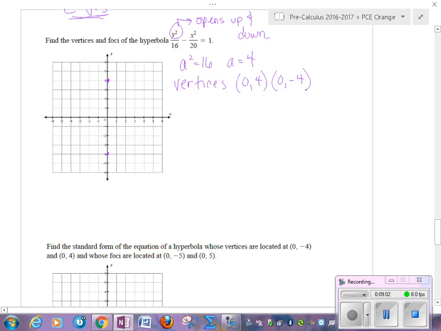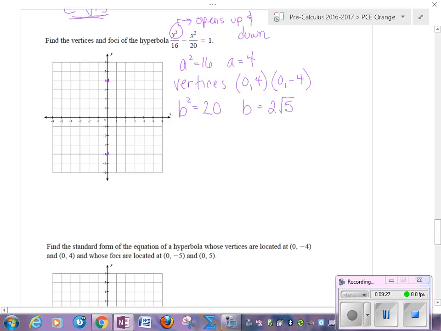Now we're going to go ahead and graph this one, and then we'll go back and locate the foci points. In this case, when you're drawing in your rectangle, your b² value is 20. Not a nice perfect square, but if you were to simplify that into 2 square roots of 5, it's going to be around 4 point something.